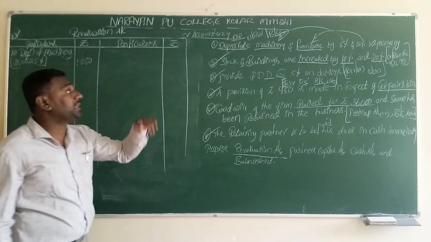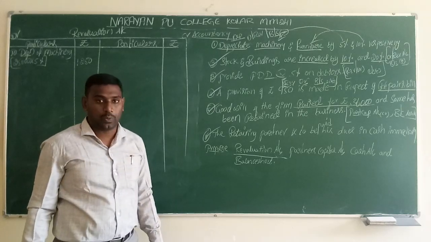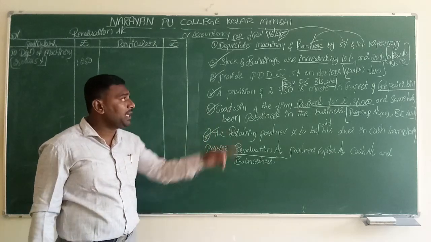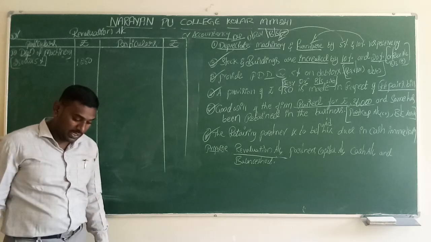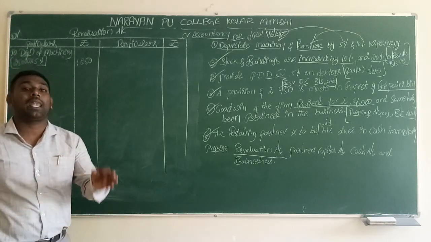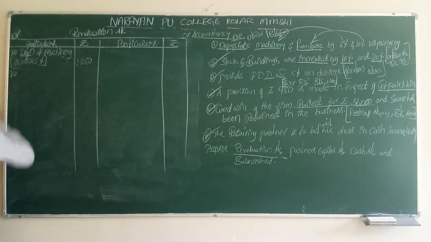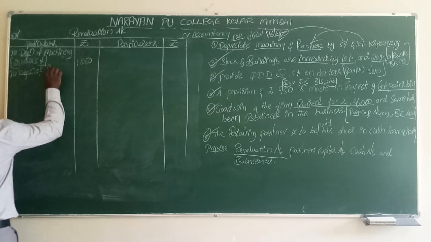And again they have given furniture by 10% respectively. For the second asset, the second percentage is given, that is 10% for furniture. The value of furniture is available in our previous balance sheet, that is 11,000. Depreciation is an expense, so it will come to the debit side: to depreciation of furniture.